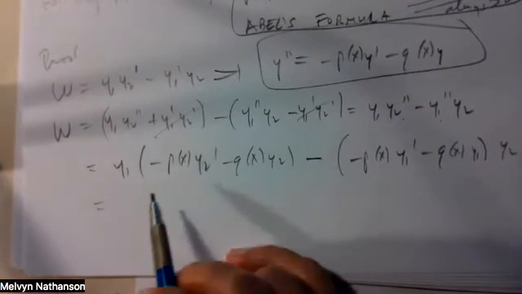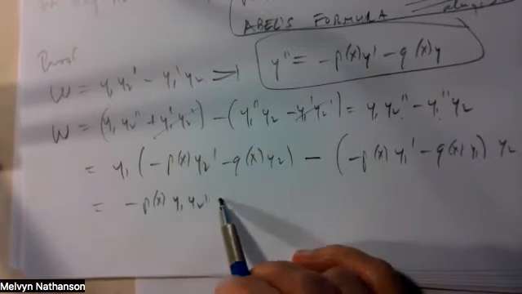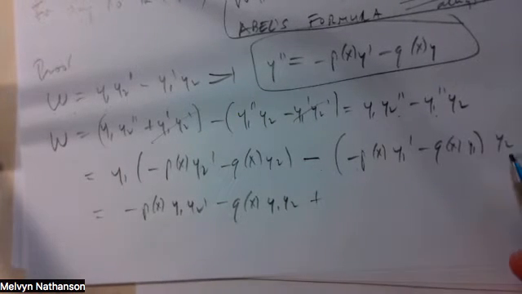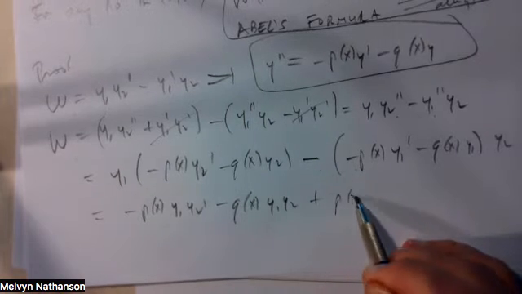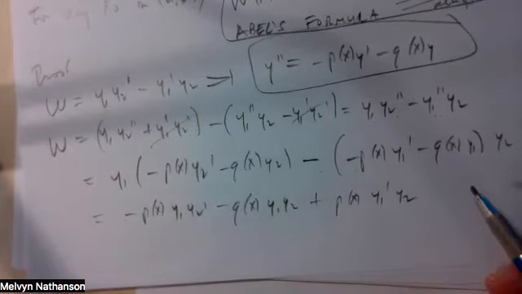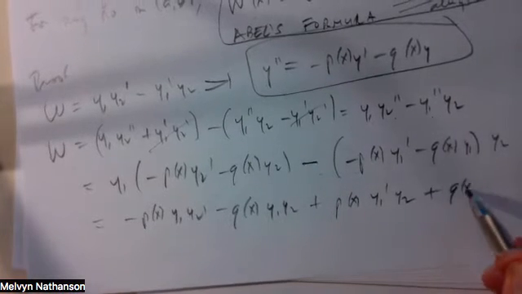So let's see what we get and hope there's some cancellation here. I have minus p of x y1 y2 prime minus q of x y1 y2, plus, minus is plus, p of x y1 prime y2, plus q of x y1 y2.